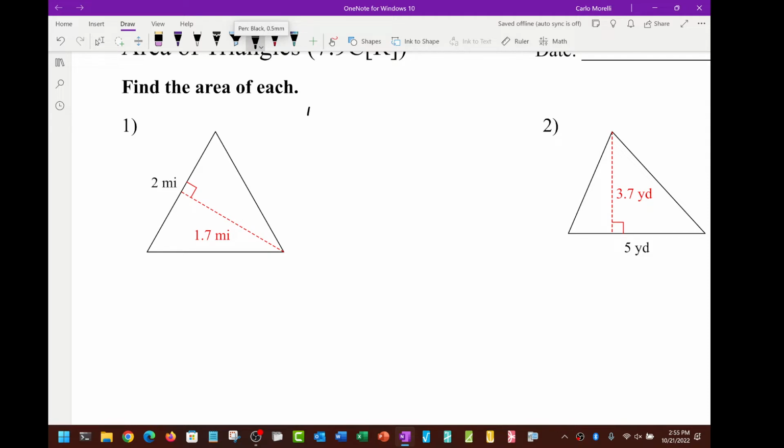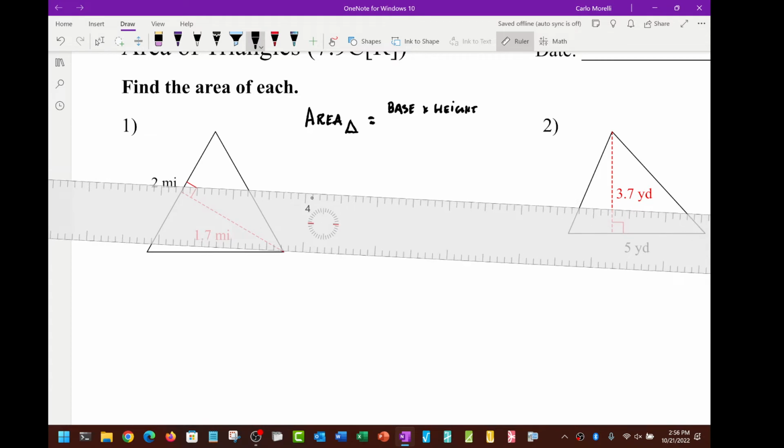So the formula for the area of a triangle, and we'll just put this little triangle symbol here, is almost always referred to as base times height, and then you divide by 2.